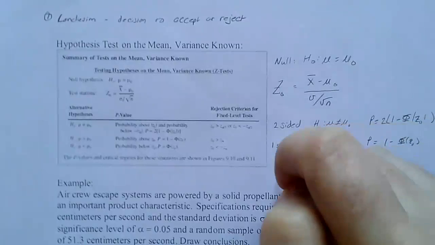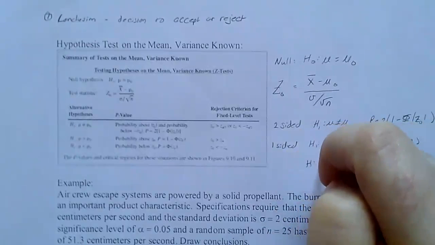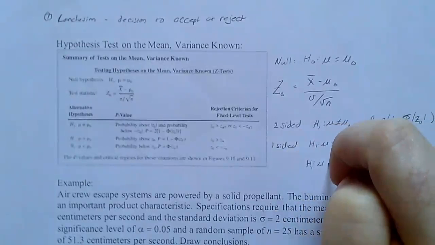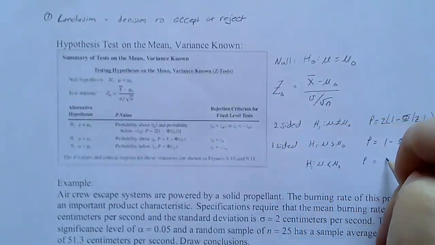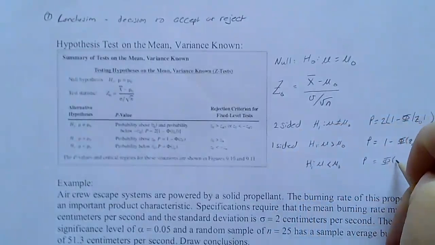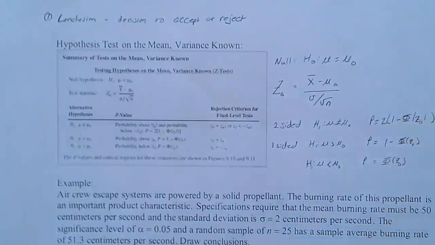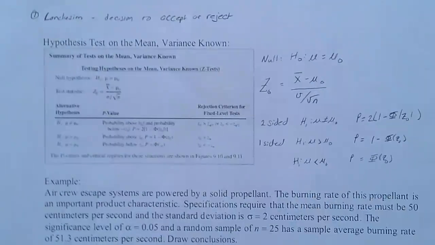And for the probability that our mean is less than mu naught, we're looking at just the test statistic itself. So what does that remind us of? Again, that should remind you of chapter 8 when we were talking about how if we're looking at the upper tail or the lower tail of our confidence interval and how we calculated those p-values.